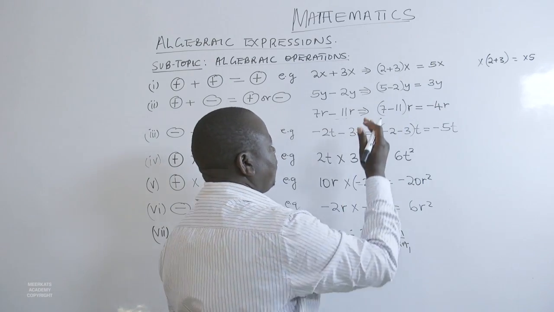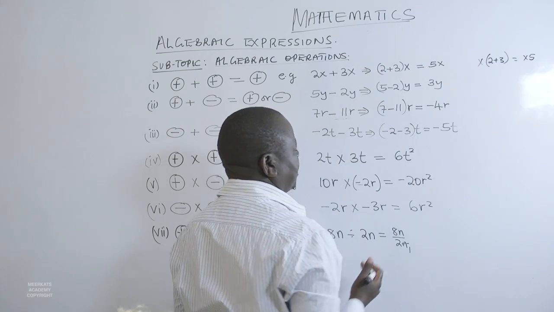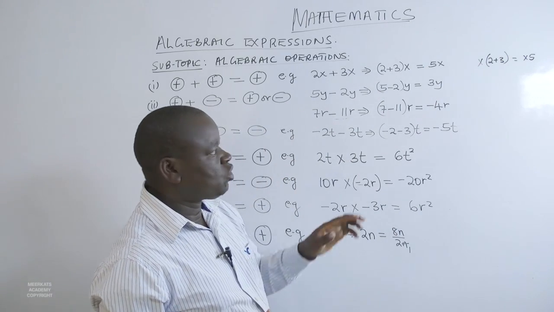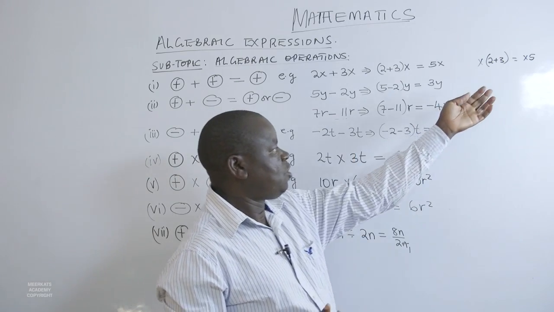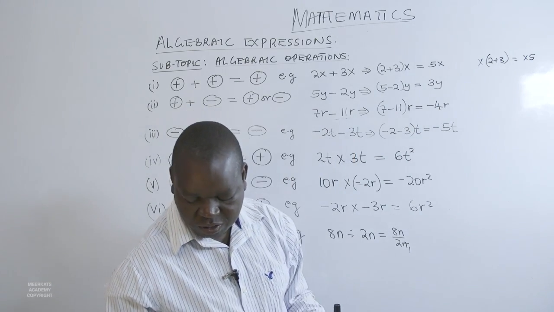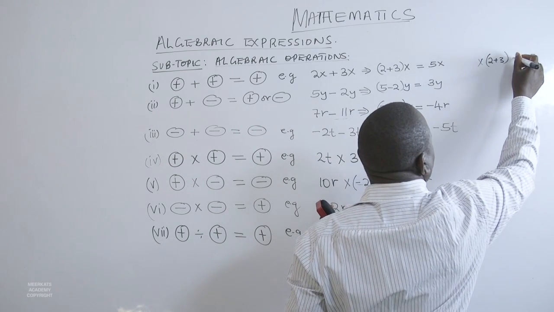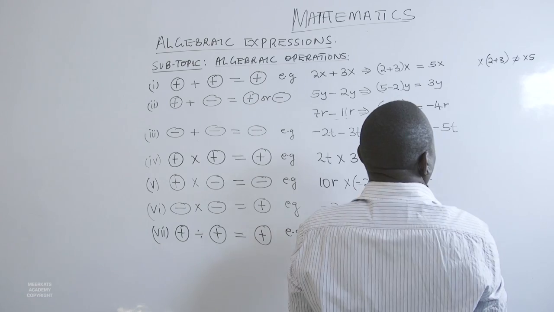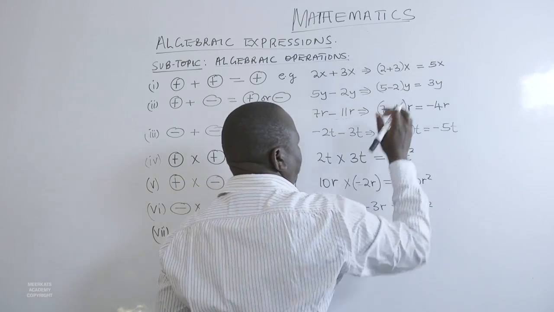That's why I've carefully put the pronumeral at the farthest end. So you add the coefficients, then you multiply by the pronumeral to obtain 5x.